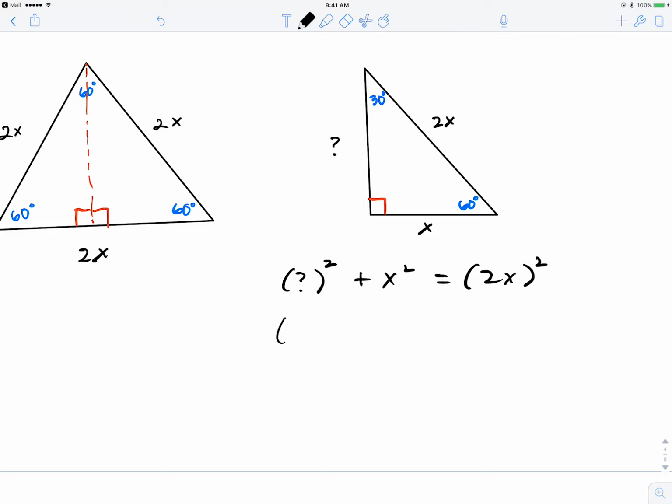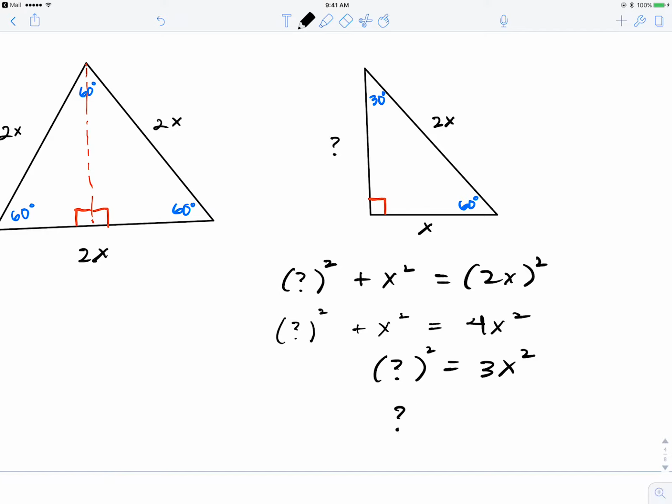Okay, so question mark squared plus x squared is equal to 4x squared. And we're solving for what this unknown side is. So that gives me 3x squared. Now when we take the square root, we can disregard the negative value. Why can we disregard the negative value? Right, because we're trying to solve for the length of a side, and you can't have a negative length.